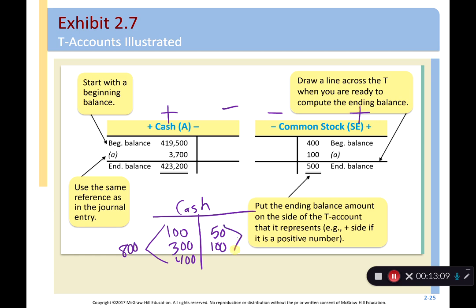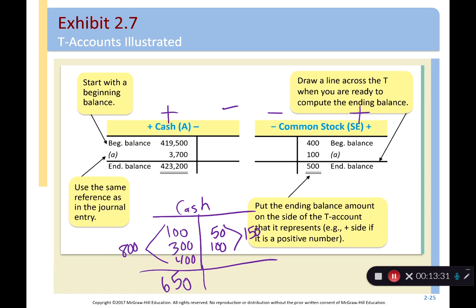You add up your credits, 150, and then you take the difference. The difference between 800 and 150 is 650. And then the bigger side wins. Because the debits had the bigger balance, that's where you put the ending balance, on the debit side. And that should also be the side that makes the account go up.